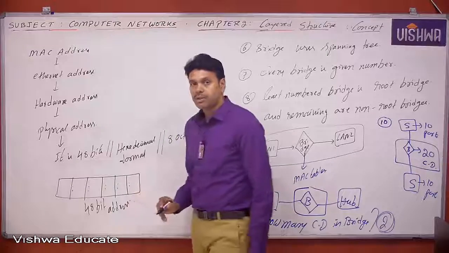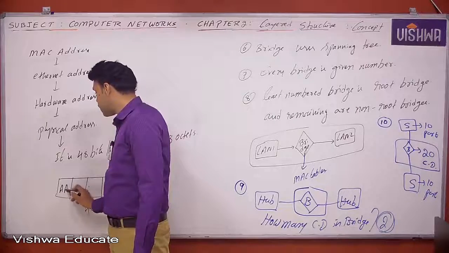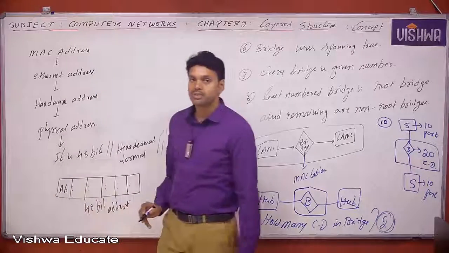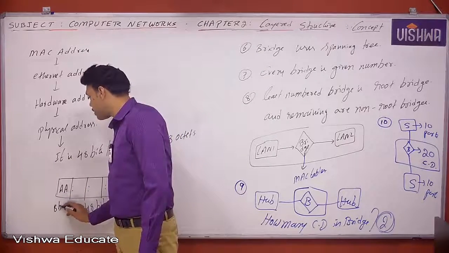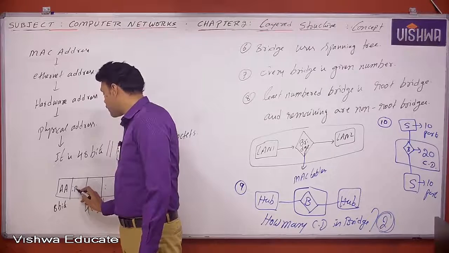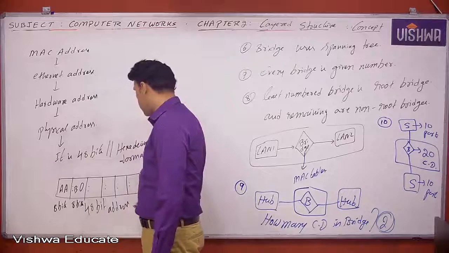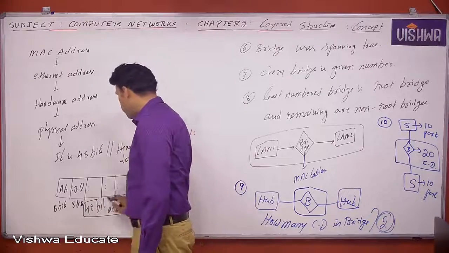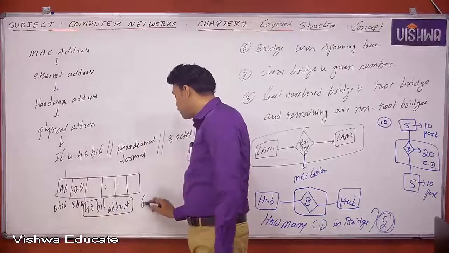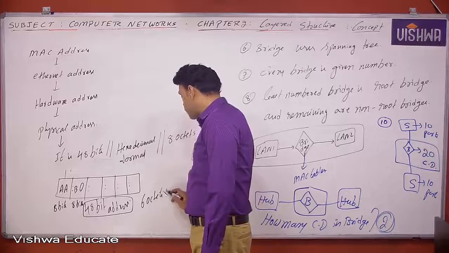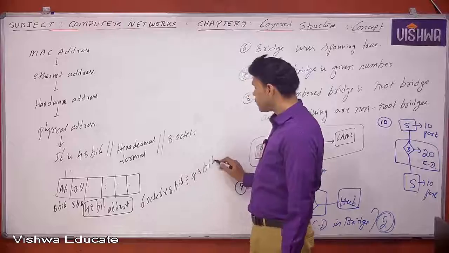So 6 octets, and here for example AA, 2 hexadecimal digits. 2 hexadecimal digits is nothing but 8 bits. Here also, for example B0, this is also 8 bits. So how do you get 48 bits? This is one hexadecimal, this is another hexadecimal. Therefore 6 octets times 8 bits, you get the 48-bit address notation.